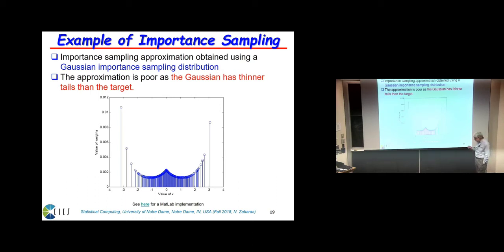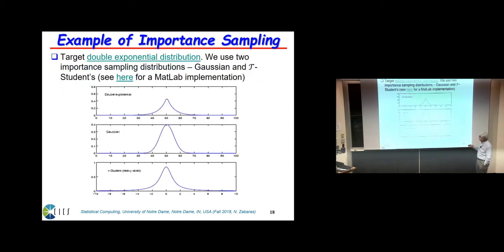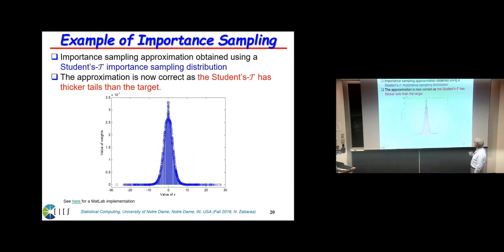And why are they wrong? Because the Gaussian is less fat than the double exponential. All right? So basically the tails of this double exponential are heavier than the tails of the Gaussian, and you are ruined because of that. So visually, they look and say, hey, it's okay. Well, no, it's not okay. All right? And if you do this with student t, look at that. You just get the right answer because the student t distribution has heavy tails.